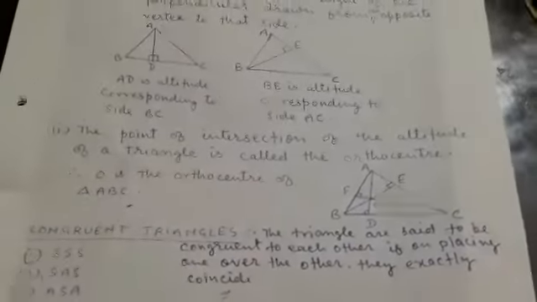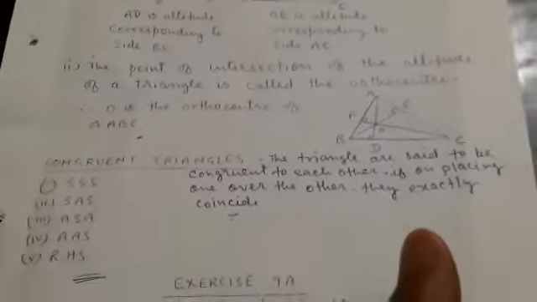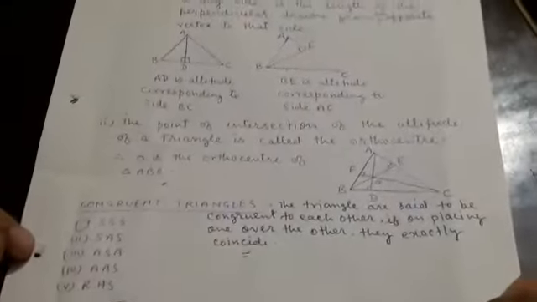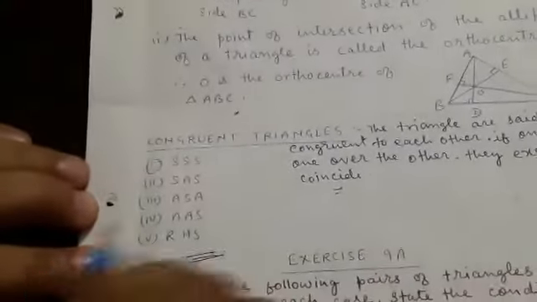For example, all the pages of a book are congruent to each other because they all have equal shape and size. So they are congruent.